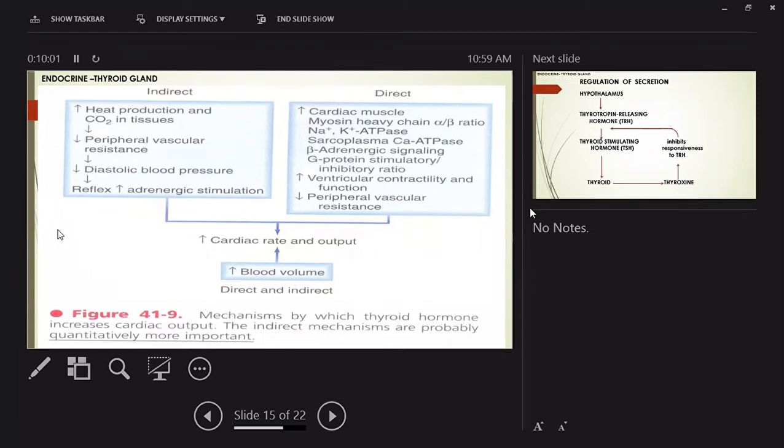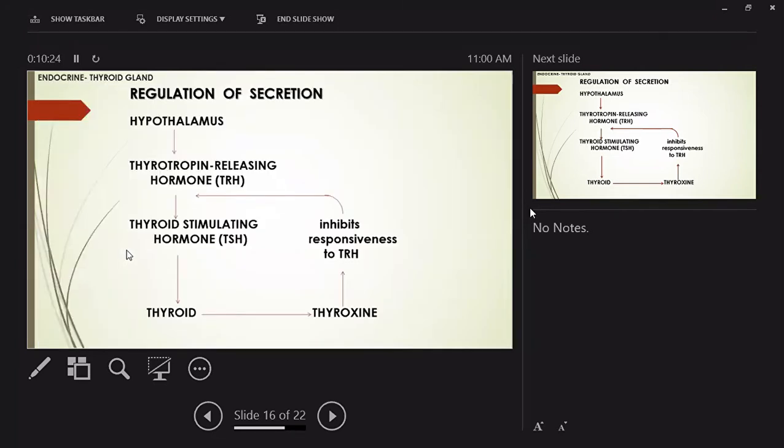So CO2 is increased in tissues, and this decreases the peripheral vascular resistance and decreases diastolic blood pressure. This is a reflex because it will increase adrenergic stimulation.